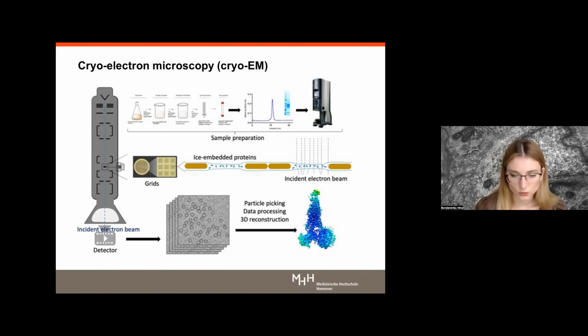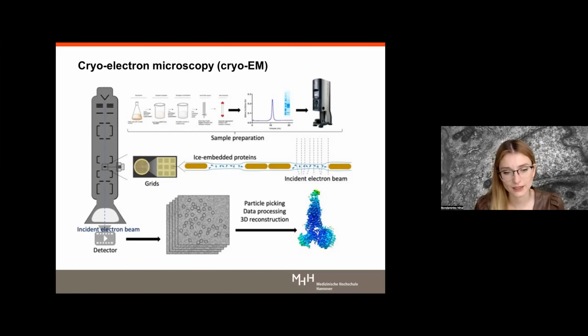On this slide, you can find a lot of images captured during the examination, and after that, taking into account that the proteins were fixed in different directions, software can build up a 3D reconstruction of this protein.